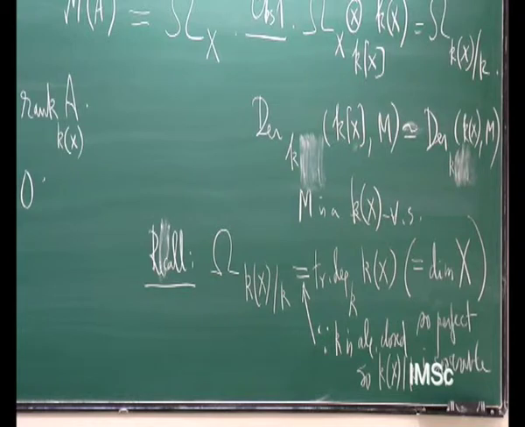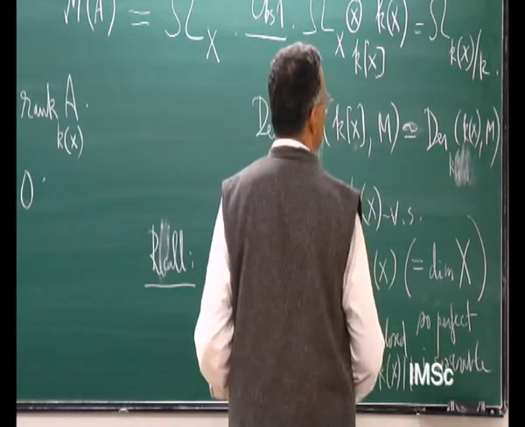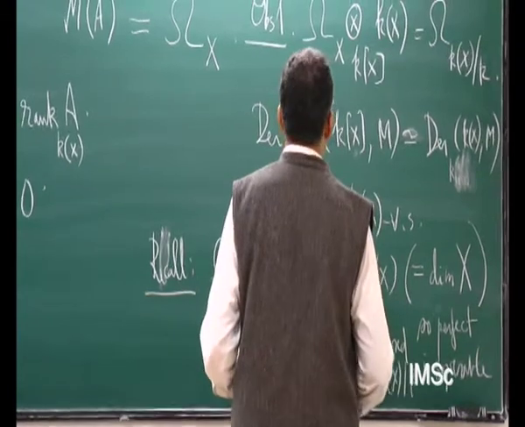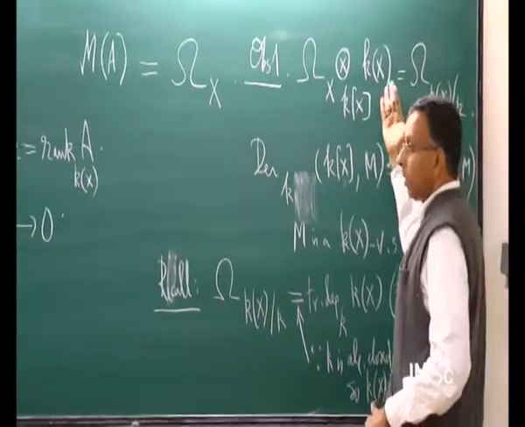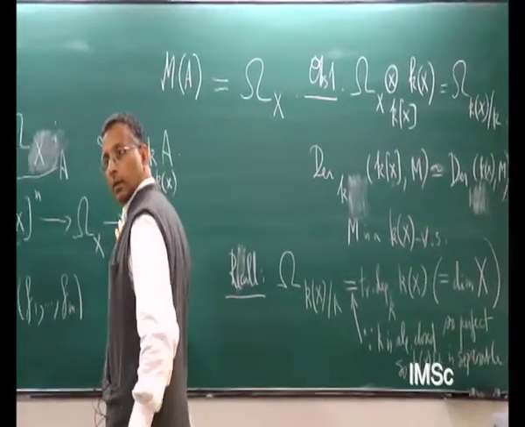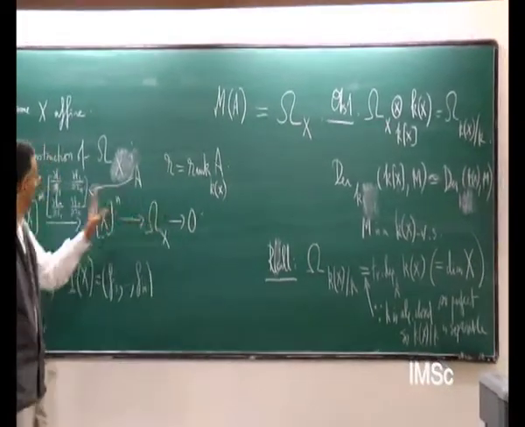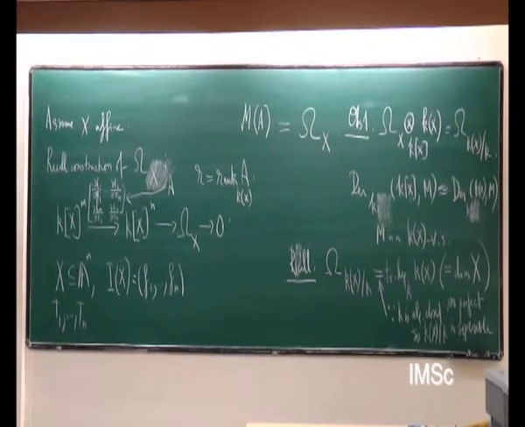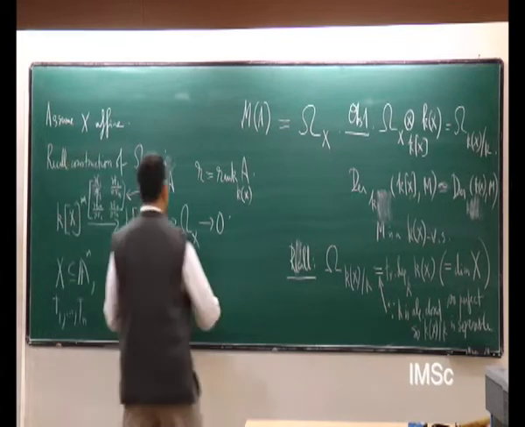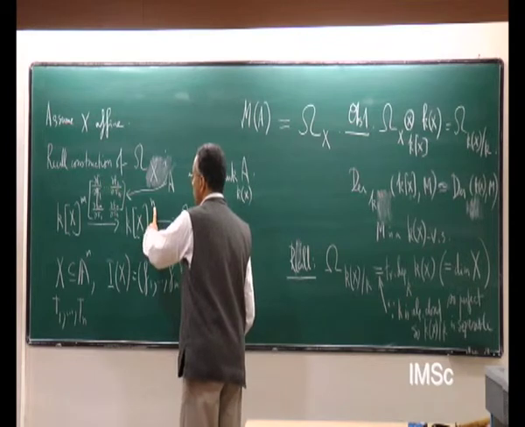what do we know? I tensor this, right? What do I know? From this, I know that when I tensor this, I get the presentation of this over kx, and therefore I know that the dimension of this must be equal to n minus the rank.